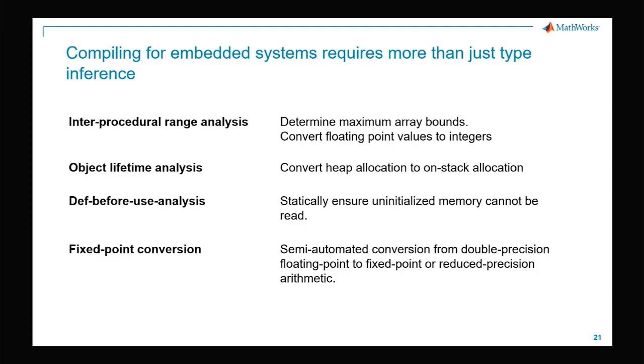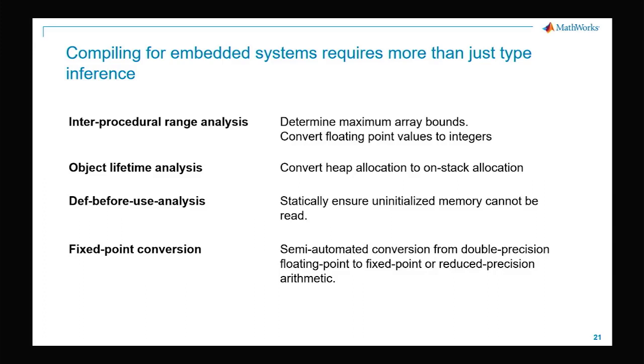More nuggets here is that when we started this project, the intent was, okay, we build a static type inference engine, and we are done, right? As it turned out, if you want to go to embedded systems, apparently you need to do more than just static type inference. There are other sources of dynamism in the program that people who work on embedded systems find undesirable. So in no particular order, dynamic memory allocation, they don't like it.